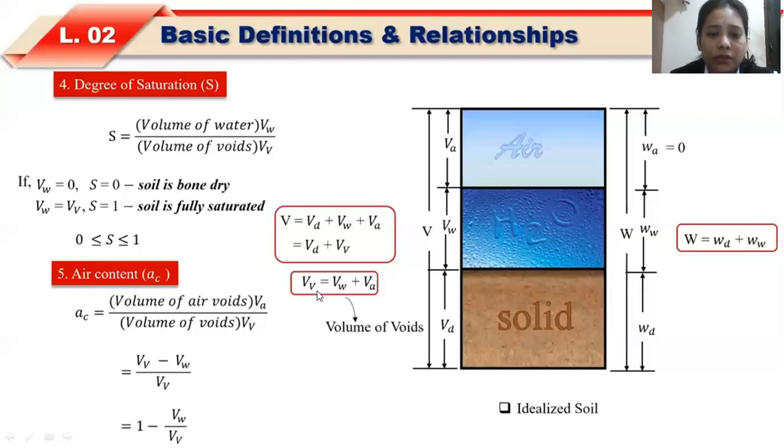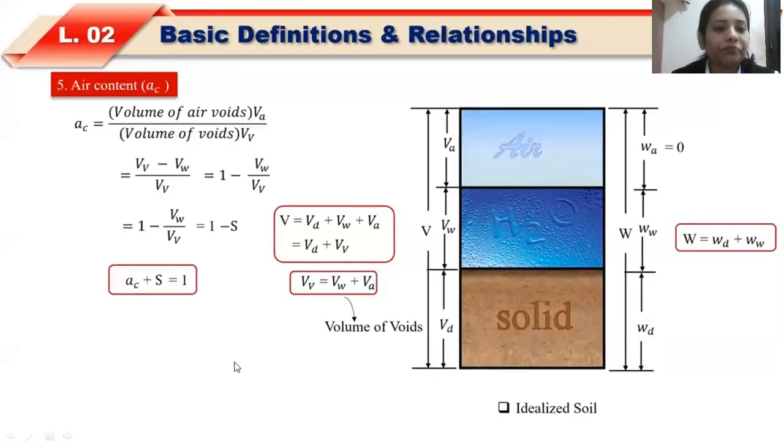Hence, we can also write VA in terms of VV minus VW. As from this basic formula, VV is VW plus VA. As we know, volume of void is a combination of volume of water plus volume of air. Then the volume of air will be VV minus VW. From here, we can calculate VV minus VW divided by VV, and by further calculation, we have 1 minus VW upon VV.